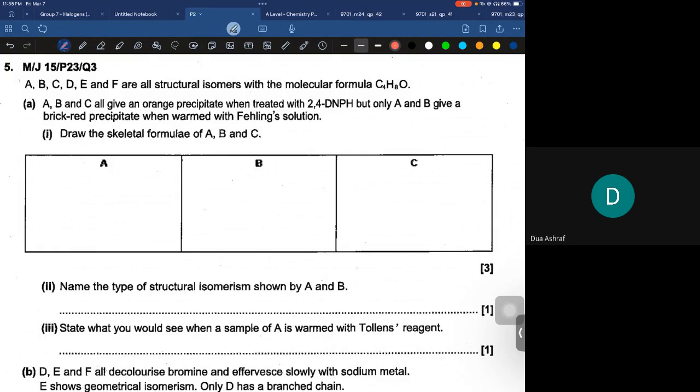A, B, and C all give an orange precipitate when treated with 2,4-DNPH. What does it mean? What is common in all? Carbonyl. They all are carbonyl. You know, A, B, C all give an orange precipitate means that carbonyl is confirmed.